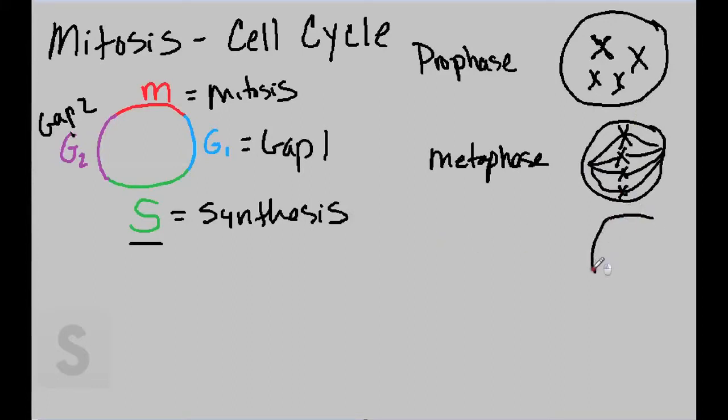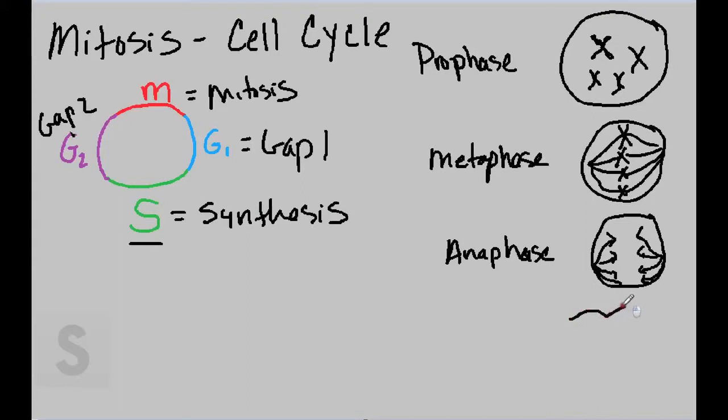The next phase is when the chromosomes start to get pulled apart by these spindle fibers. So the spindle fibers are pulling them apart to the different poles. This is known as anaphase. And then finally, we have telophase.